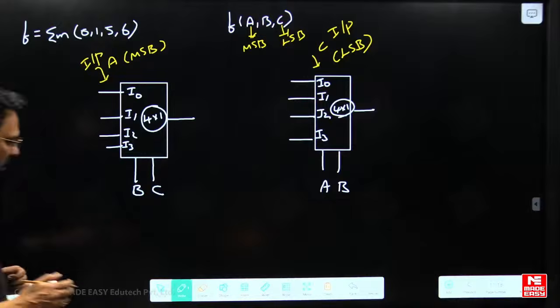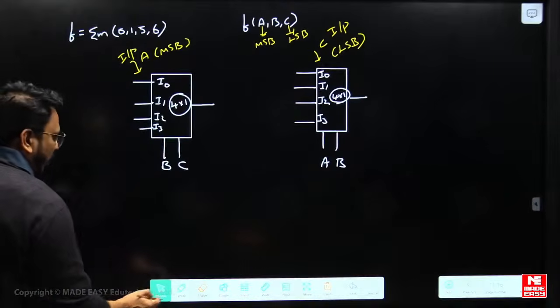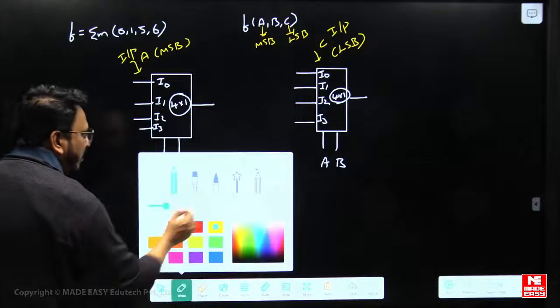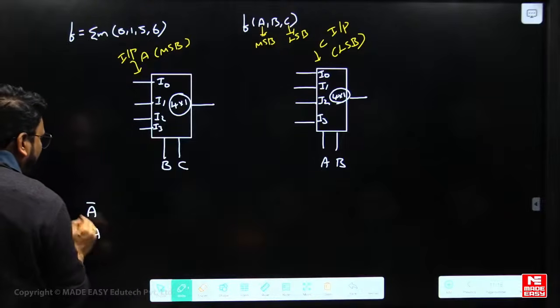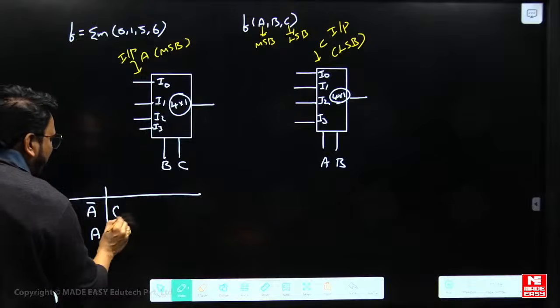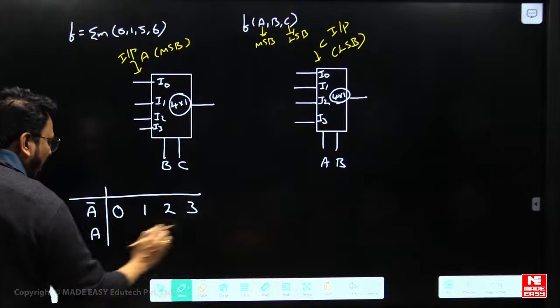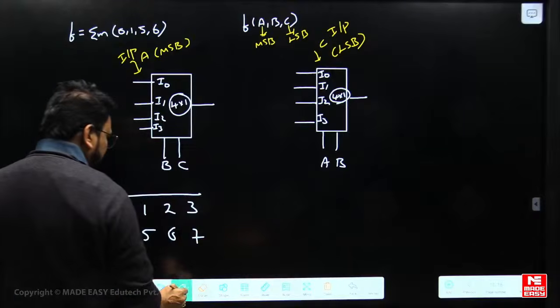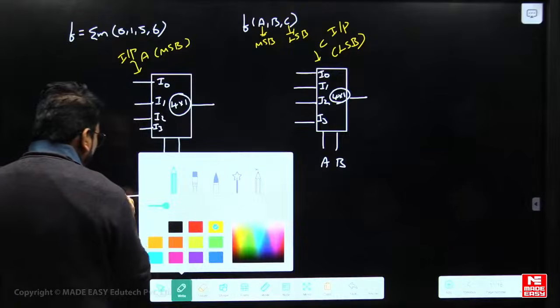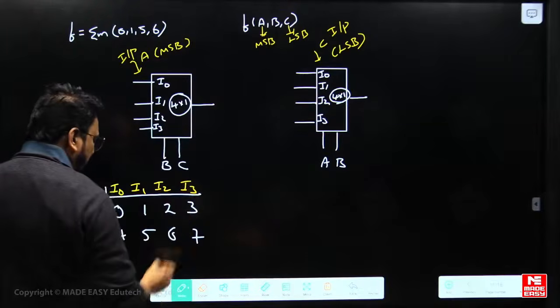Carefully observe. If they are using MSB A as input, write A bar and A, and write the numbers horizontally: 0, 1, 2, 3 and 4, 5, 6, 7, under I0, I1, I2, I3.